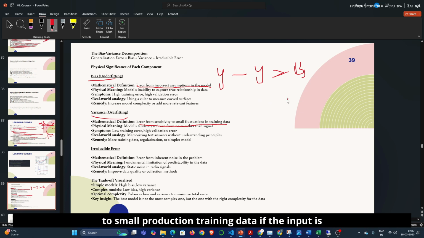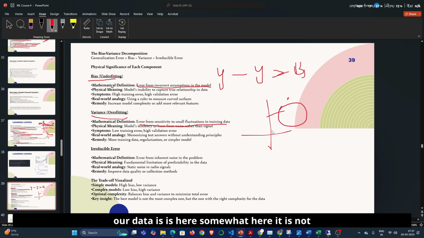If the input changes a little but the output gives so much error, then our prediction is not focused. High bias means the model fails to capture the true relation in the data, with high training error and high validation error, like using a ruler to measure a curved surface. The fix is to increase model complexity or add more relevant features.